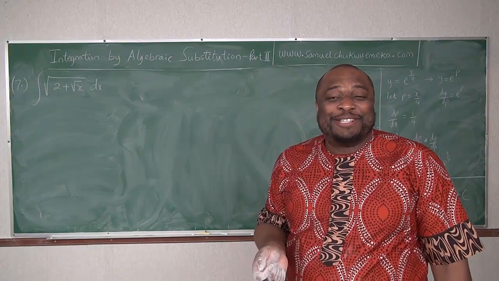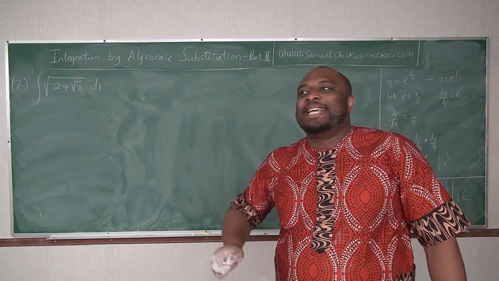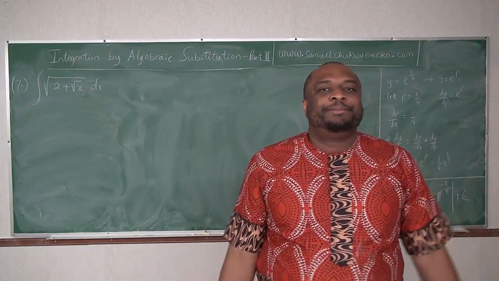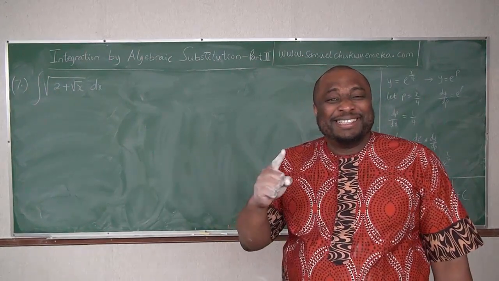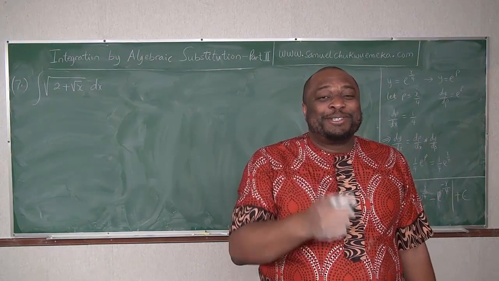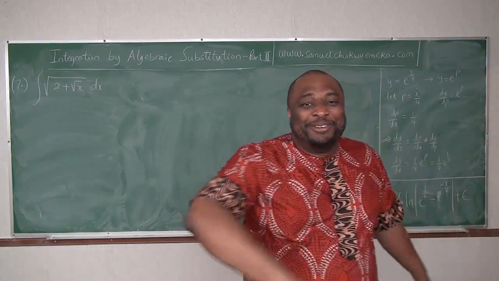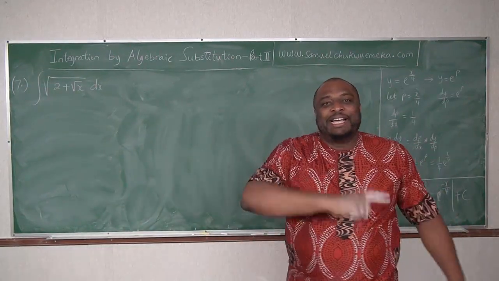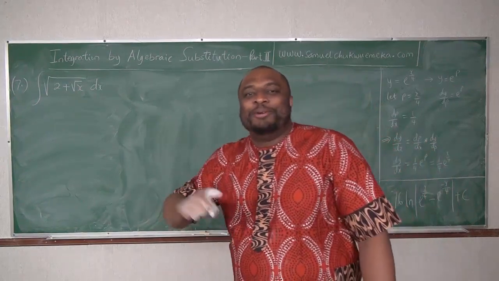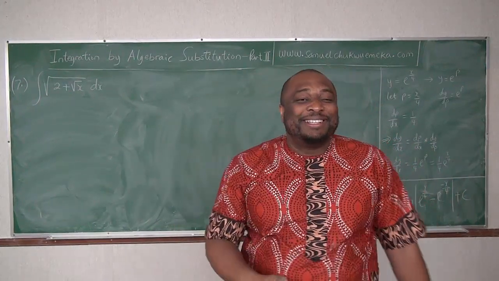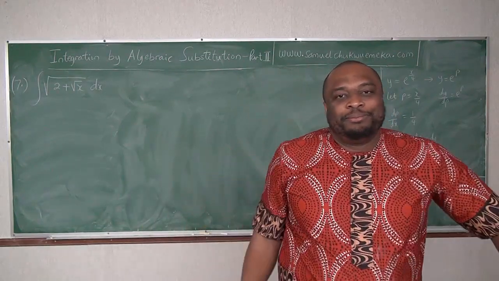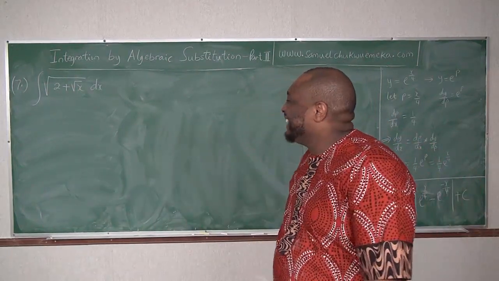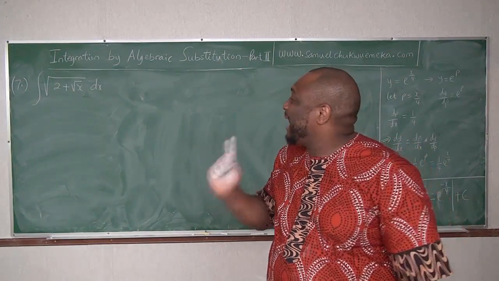Now, I know some people will say, okay, Mr. C, you've been telling us not to substitute with the radical. You said use the radicand. And now you want to use 2 plus square root of x as a substitution. Why? Why don't you substitute with x?